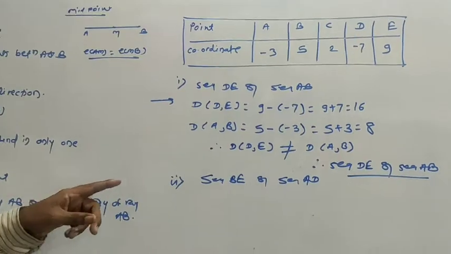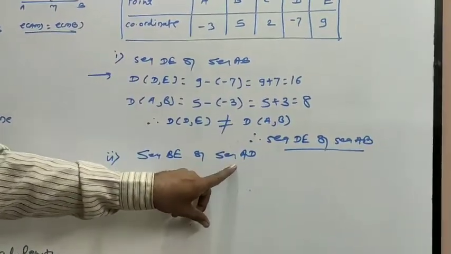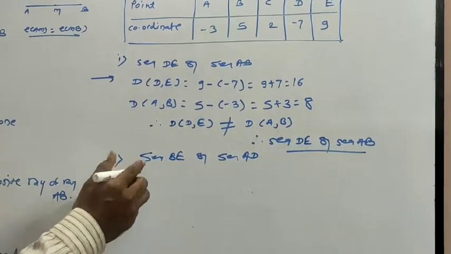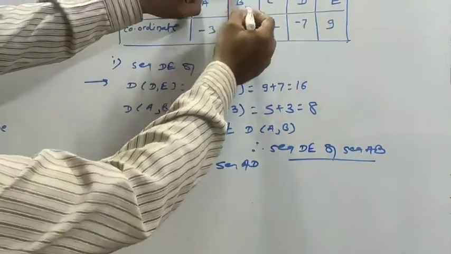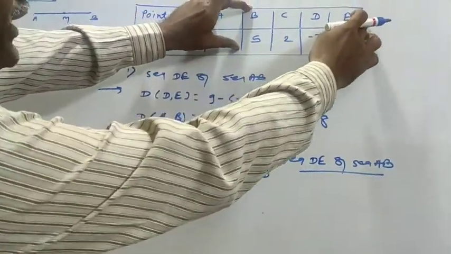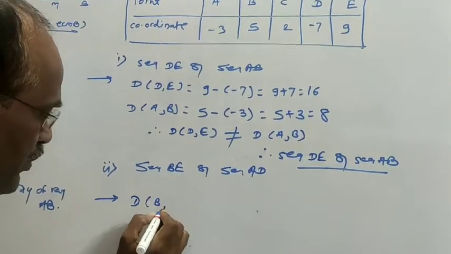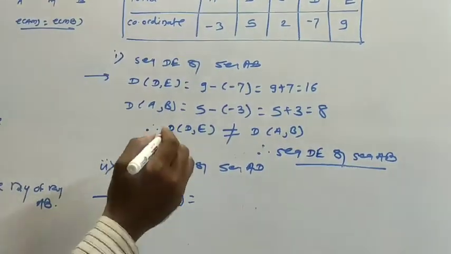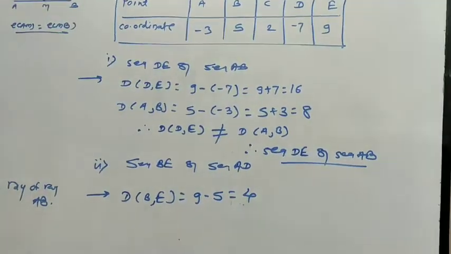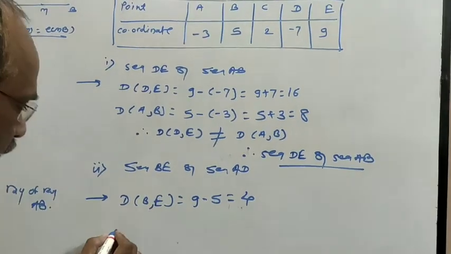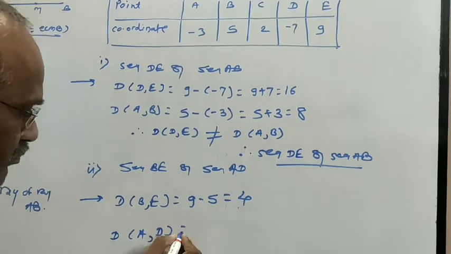Now, the second example in this question, segment BE and segment AD. Look here, segment BE, coordinate of point B is 5, coordinate of point E is 9. Therefore, distance BE equals 9 minus 5, which equals 4. Then segment AD means distance AD.